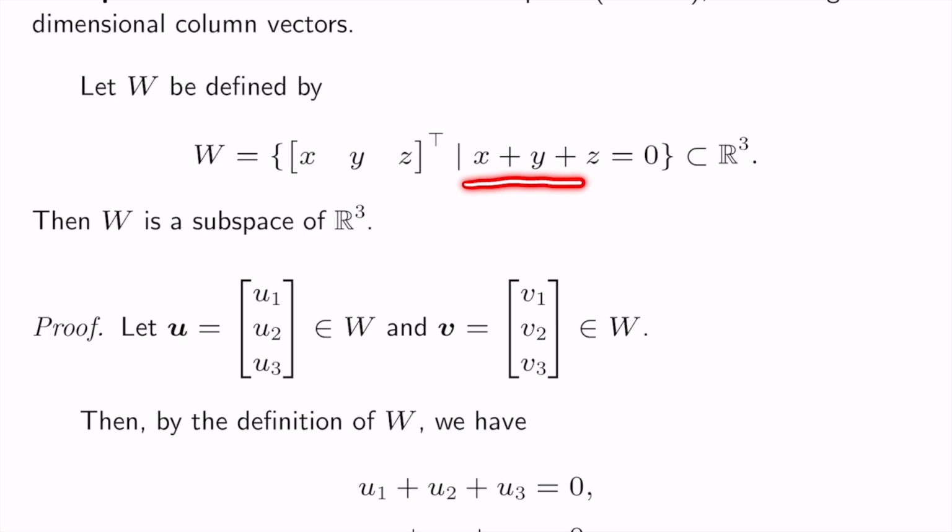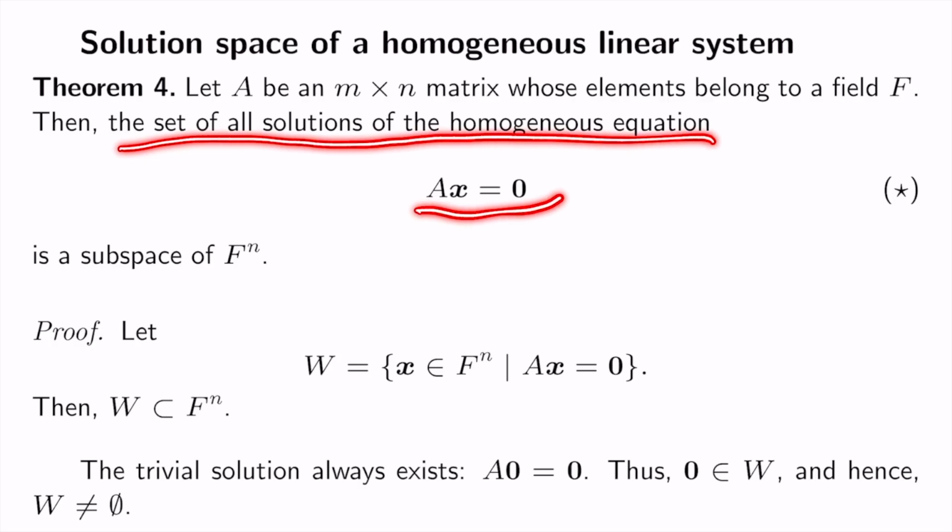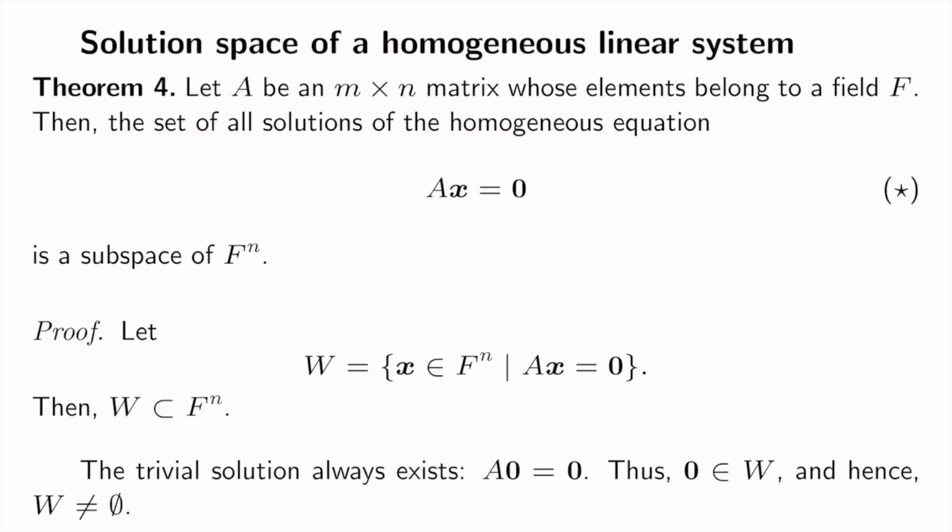Notice that this is a homogeneous linear equation, and we can generalize this to more general homogeneous linear equations. In fact, we make it a theorem. Let A be an M by N matrix whose elements belong to a field F. Then the set of all solutions of this homogeneous linear equation is a subspace of Fn.